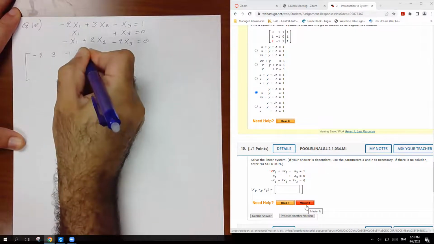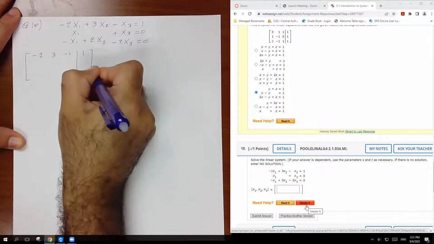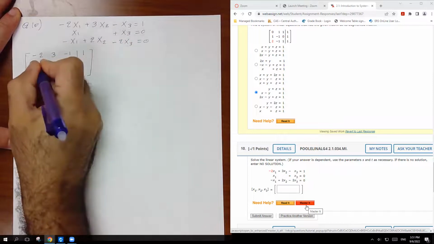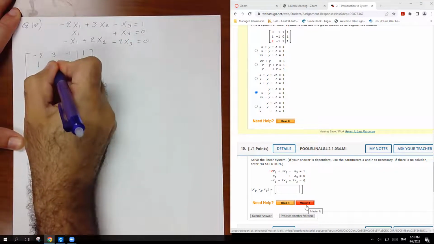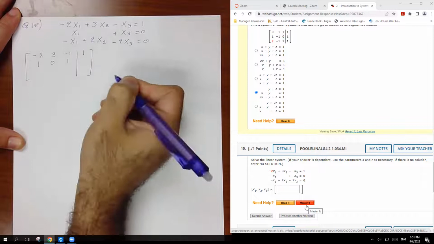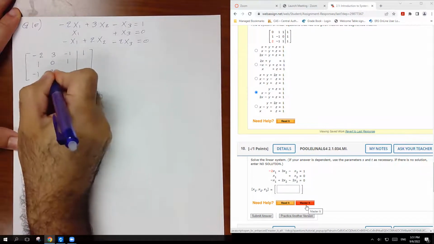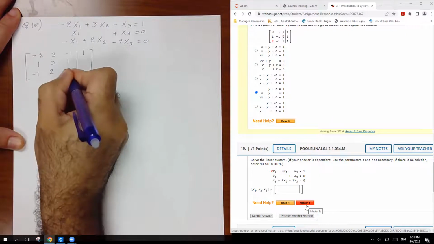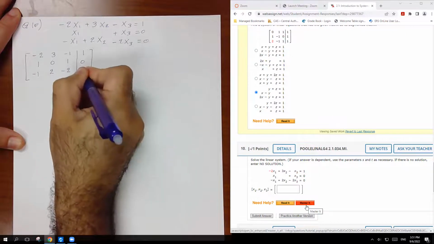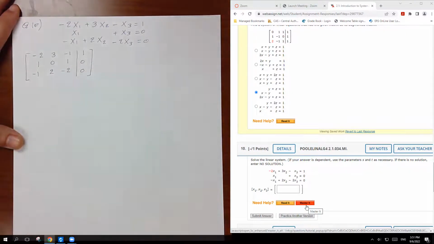Here is the constant b. Second row, here is 1. There is no x2, but x3 is 1. The third row is -1, 2, and -2. Here's constant b, and here's constant b. So here's the first step. We're just going to write down the augmented matrix.